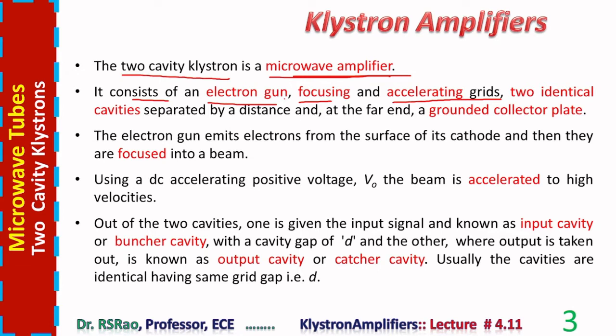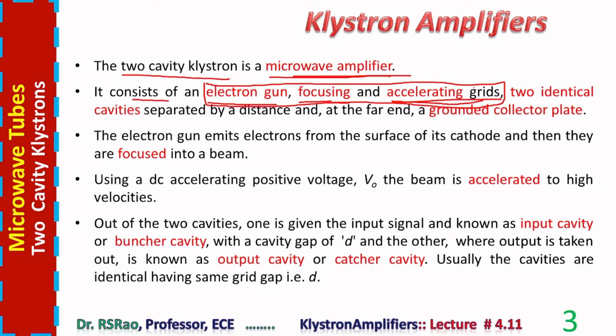The electron gun emits electrons. These electrons are then focused into a beam by the focusing grid, and then accelerated to high velocities using the accelerating grid. The combination of these three gives an electron beam traveling with very high velocity.